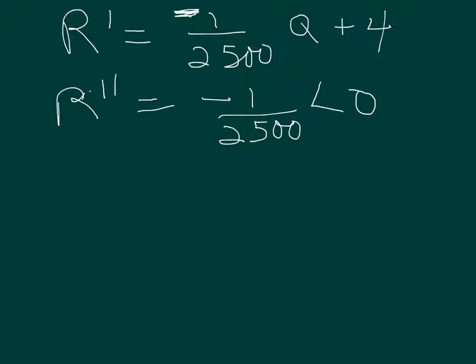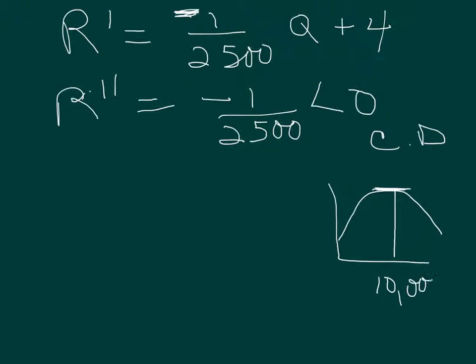If it's always less than 0, my revenue function was concave down, so therefore it must have looked something like that. And therefore the CV that I found, and that CV was what quantity? Okay, it was 10,000, and that CV yielded a revenue that was a max.